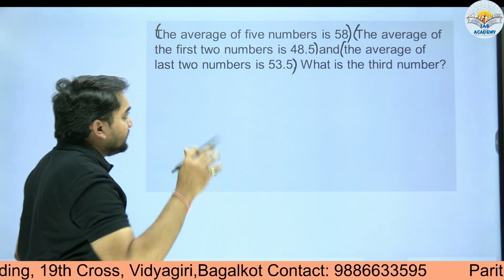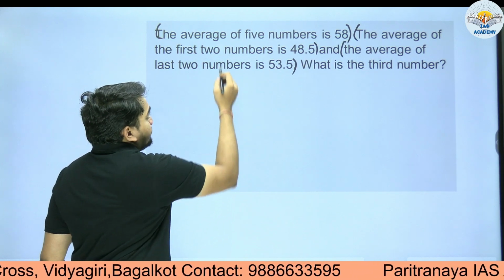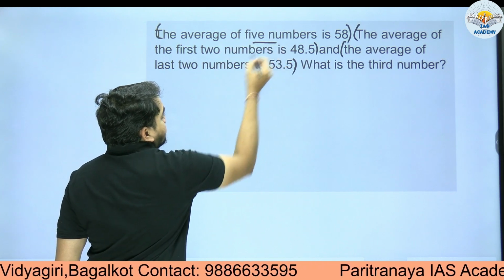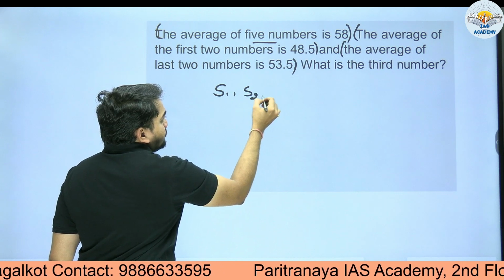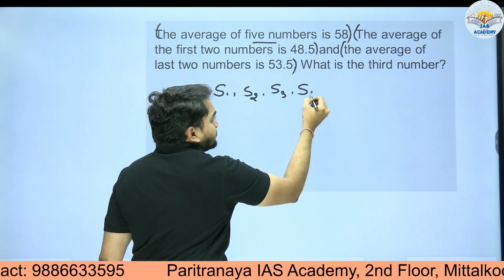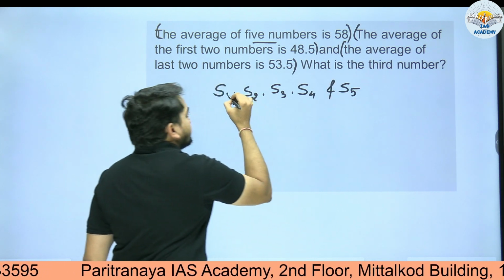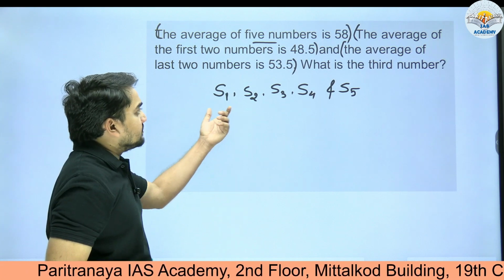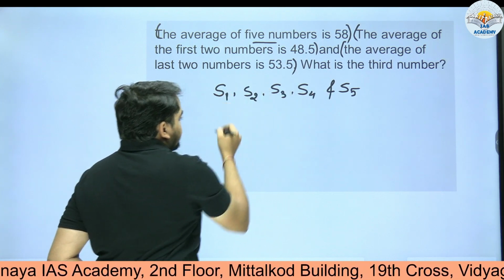All right. Let the 5 numbers be S1, S2, S3, S4 and S5. Fine. We have 5 numbers, and they have given the average of these 5 numbers.